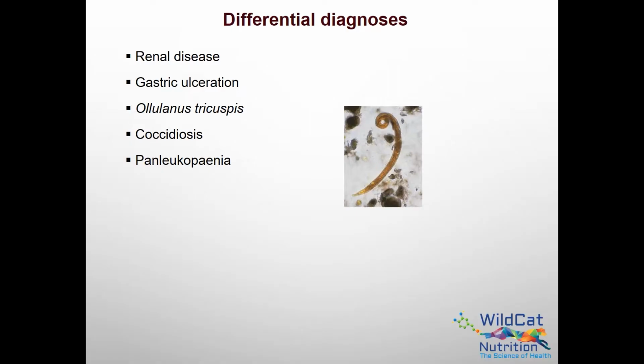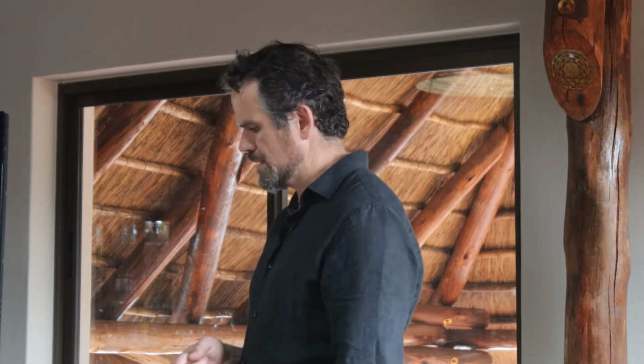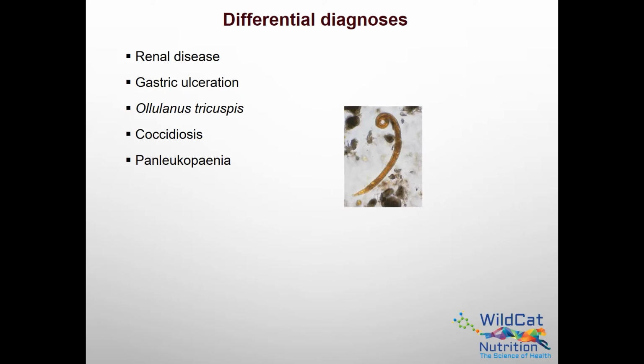Coccidiosis in very young cats could also cause this, but it's highly unlikely to get coccidiosis, which is a protozoal infection in the gut, in adult cheetahs. It's certainly very few cases. And then panleukopenia, which is the cat parvovirus, could also cause vomiting, but again, in young cats, unlikely to be in an adult cat, and it's one of the things that we vaccinate against, so unlikely to be a problem.